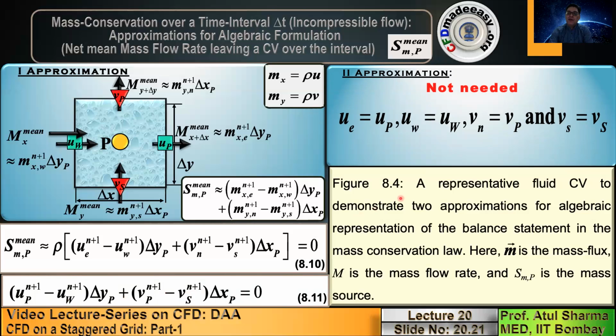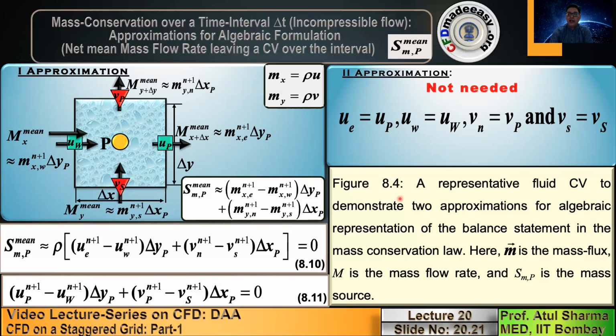Note that the pressure velocity decoupling I had presented earlier for a uniform grid, but whatever I have discussed philosophically is also applicable if you consider a non-uniform grid. However, if I had to present the pressure velocity decoupling, it comes out much less clear. So that's why I have considered a uniform grid while presenting the idea of the pressure velocity decoupling.